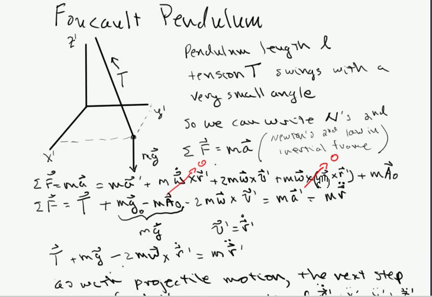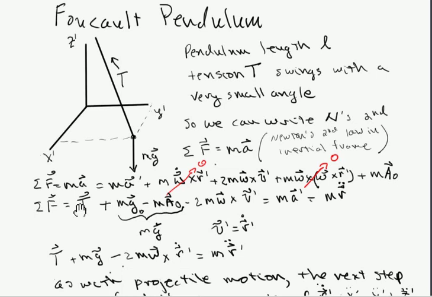We almost always drop the omega squared terms in those cases, and as you'll see later, omega squared will come up again in this problem, and we'll drop it then too.